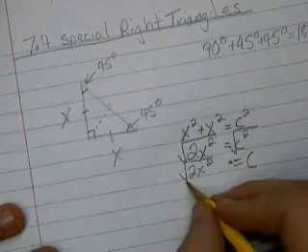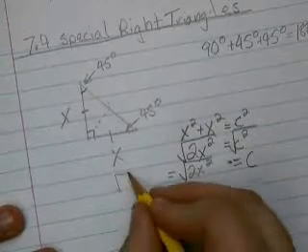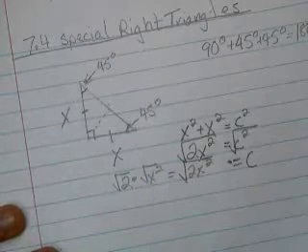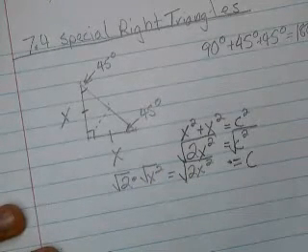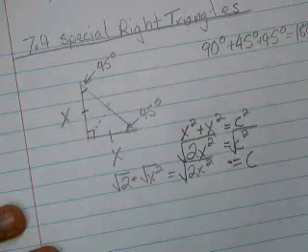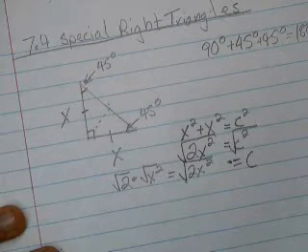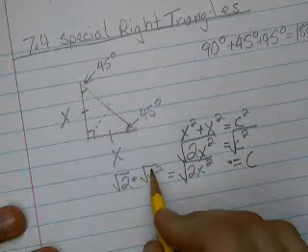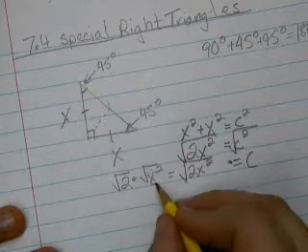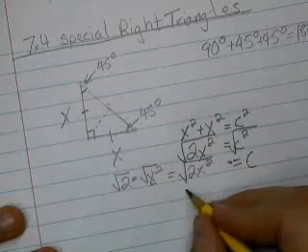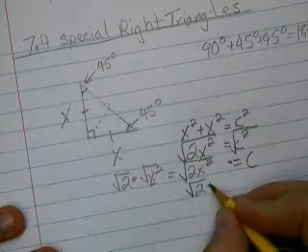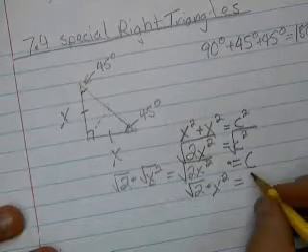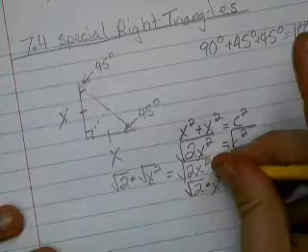I can rewrite this as the square root of 2 times the square root of x squared. Well, we'll go over the radicals and the properties in a second, if you're a little rusty. Well, what's the square root of a square? The base. So this actually becomes the square root of 2 times x. Or I'm sorry, not x squared, just plain old x.